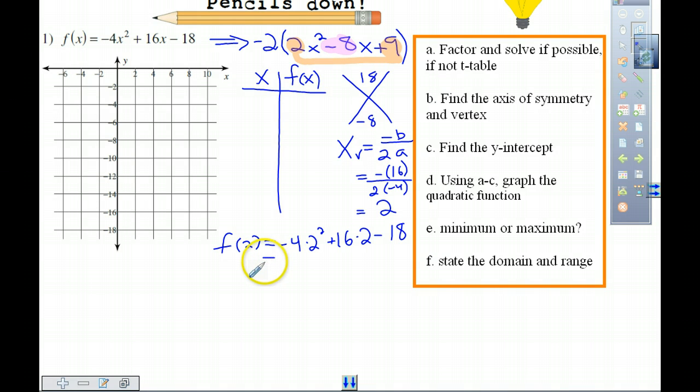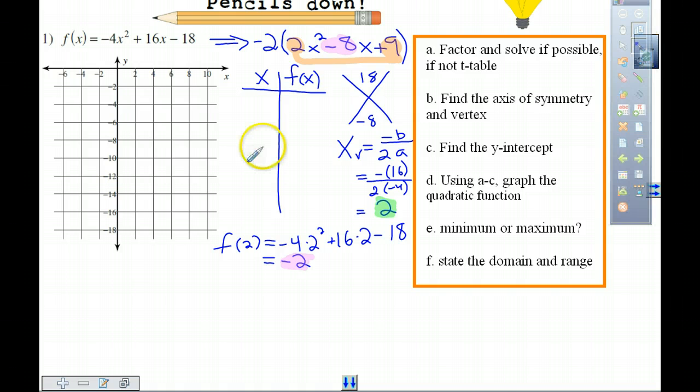After a little arithmetic or calculator work, you get negative 2. Alright. So the vertex is at, highlight this, the x and the f of x, or the y, whatever you want to call it.